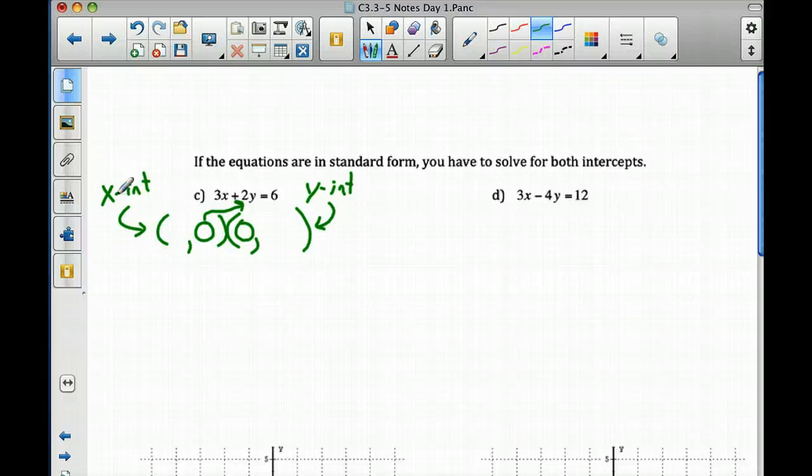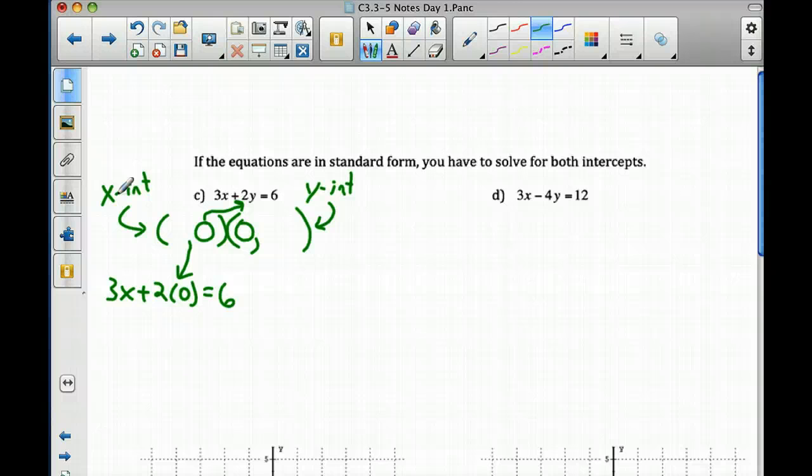So here's how we're going to do this one. 3x plus 2 times 0 equals 6. These are going to be real easy to solve. And that's going back to JB's question. There's no fraction.